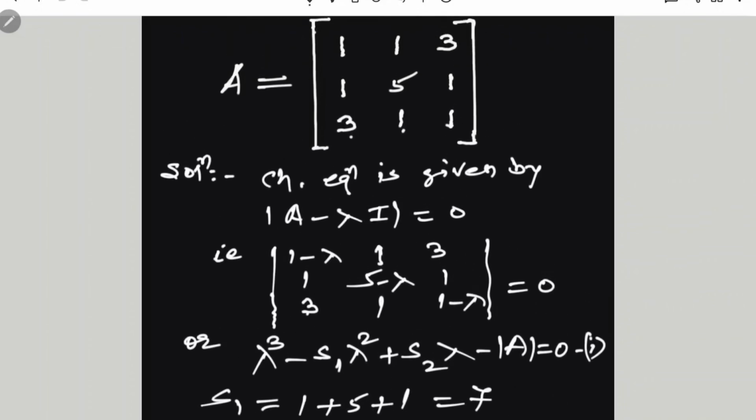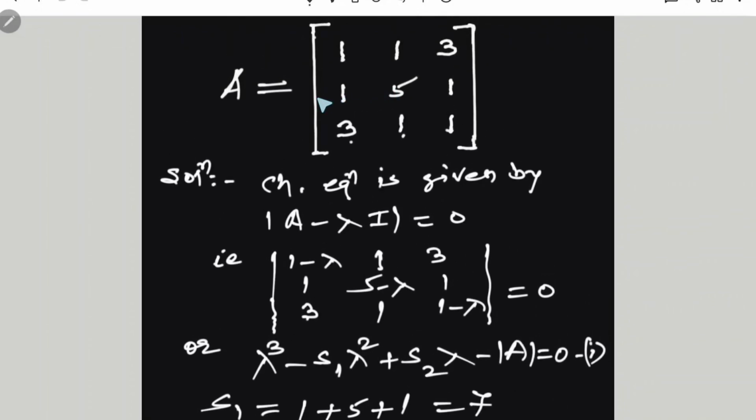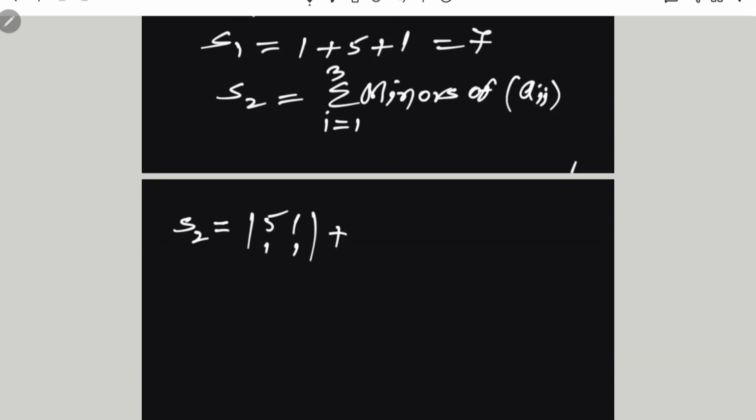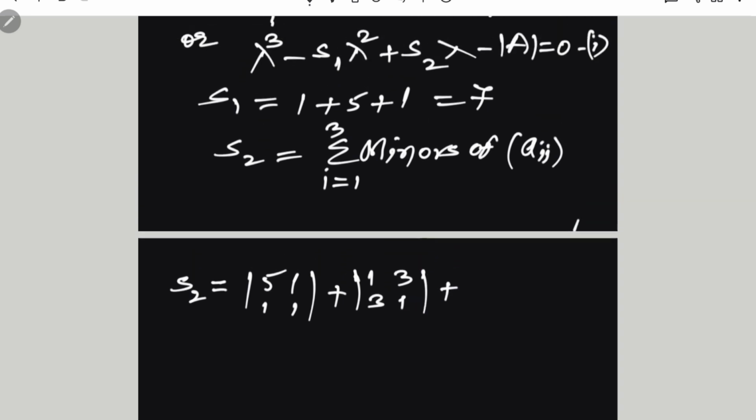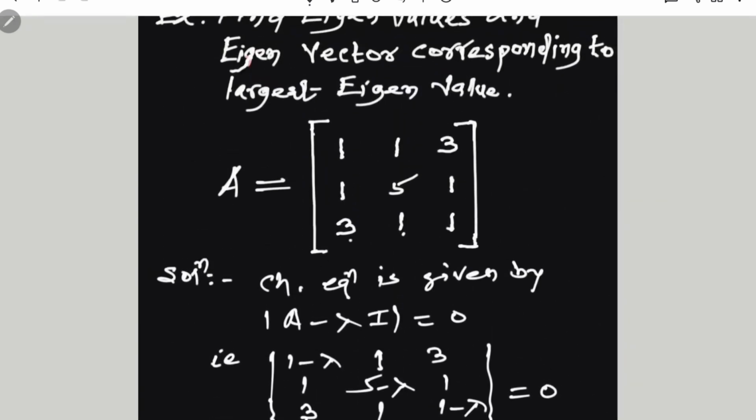Next, the minor of the second diagonal element, neglecting second row and second column, is the determinant of 1, 3, 3, 1. And the minor of the third diagonal element, neglecting third row and third column, is the determinant of 1, 1, 1, 5.